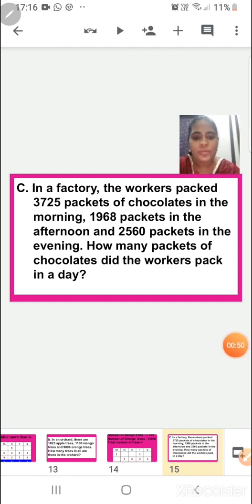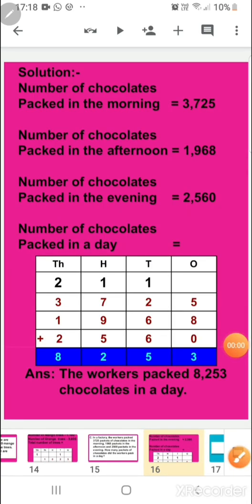Okay, now children, note down the solution. First statement is number of chocolates packed in the morning equal to 3,725. Then number of chocolates packed in the afternoon equal to 1,968.